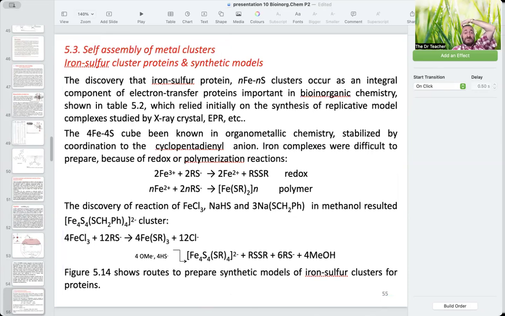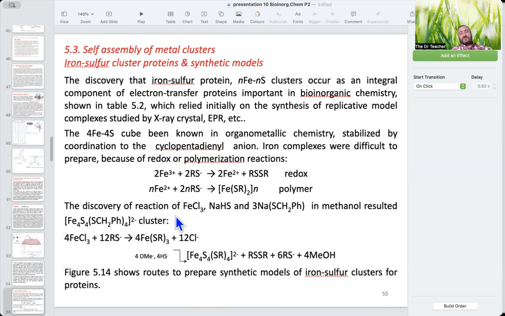Self-assembly of metal clusters, iron sulfur cluster proteins, synthetic models. This is the redox polymer. And we have these shapes or equations, how they react.